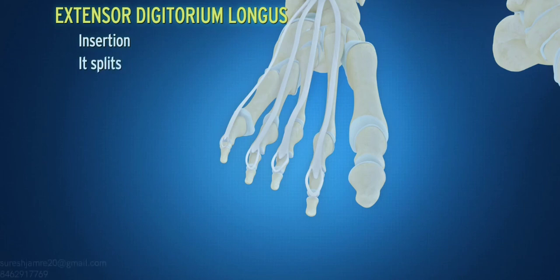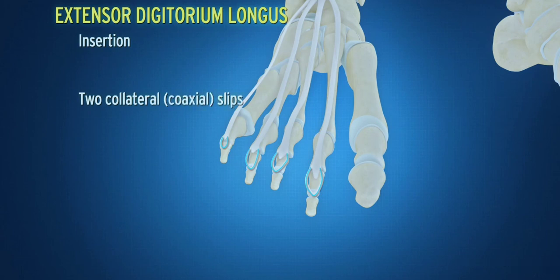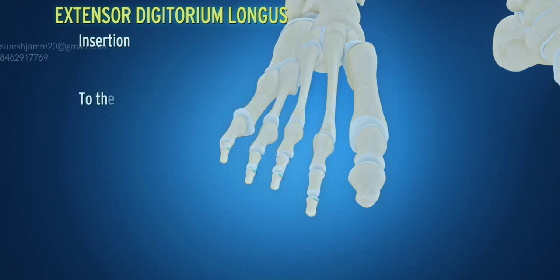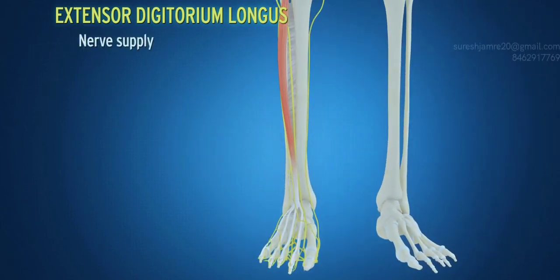It splits into 4 tendons and each tendon divides into 3 slips. These are a central or axial slip attached to the base of the middle phalanx and 2 collateral or coaxial slips which reunite on the dorsum of the middle phalanx and are attached to the base of the distal phalanx. Nerve supply. It is innervated by the deep peroneal nerve.